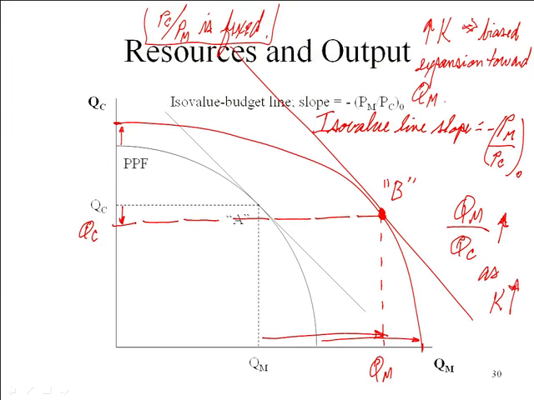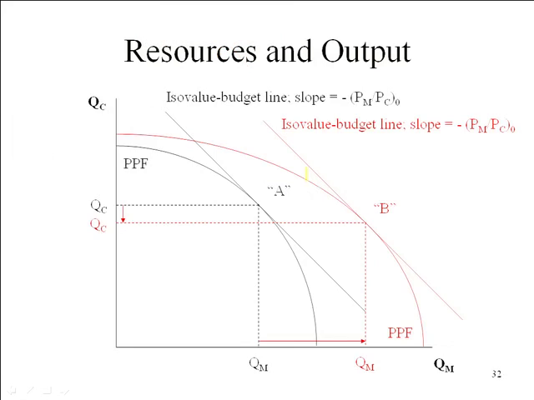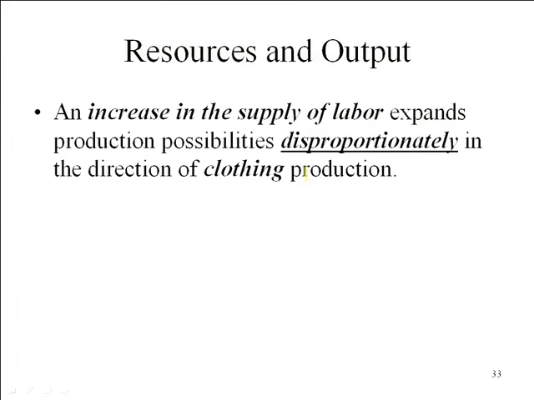Okay. So again, just to highlight, an increase in capital will disproportionately increase machinery production. And there it is drawn a little bit cleaner. And an increase in the supply of labor will disproportionately increase clothing production.